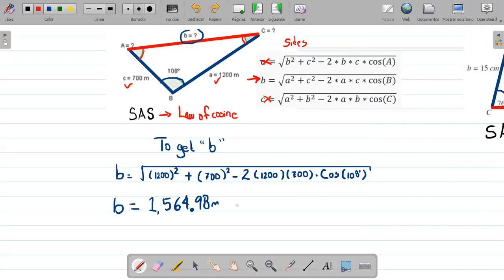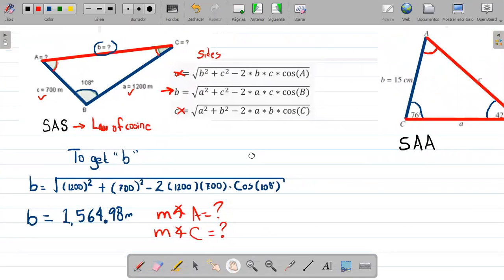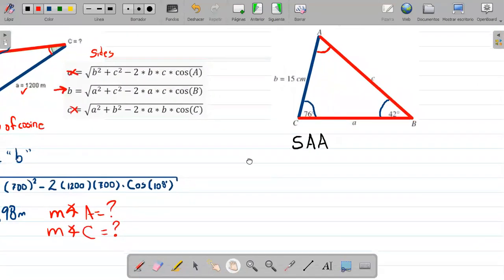So it's going to be your work to get the measurement of angle A and conclude the measurement of angle C. Remember that if you know two of the angles, then concluding the third one is just completing the 180 degrees that we have always been working with in these expressions.